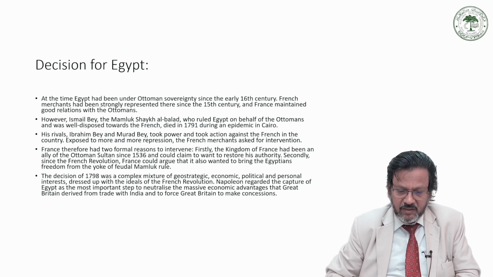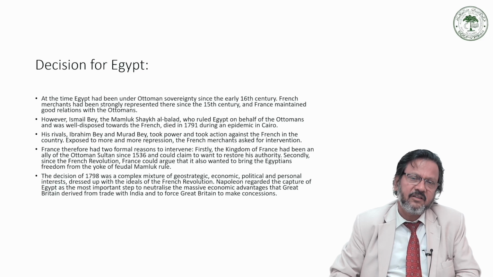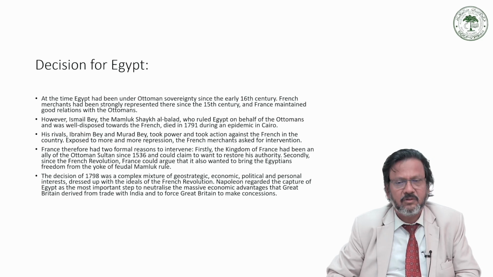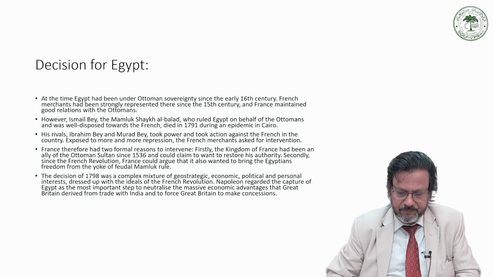But since Murad Bey and Ibrahim Bey took actions against the French traders, that snowballed into a severe, very sensitive matter warranting action on the part of the French, and that again, in due course of time, snowballed into the French invasion of Egypt.